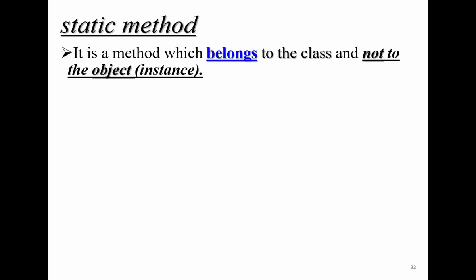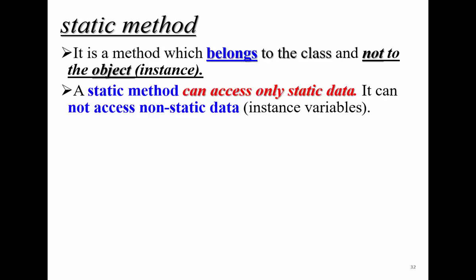If you decide to use static with a method, then you have a method that belongs to the class, not to the object. You can access this method using the class name. And the only accessible fields for a static method are static fields, so you cannot access non-static fields.